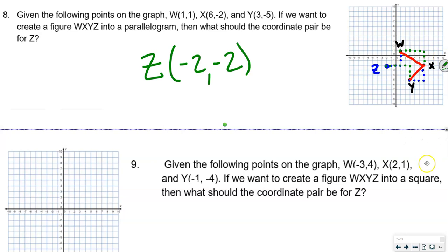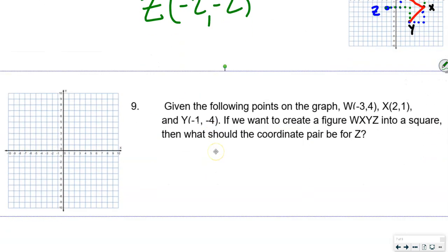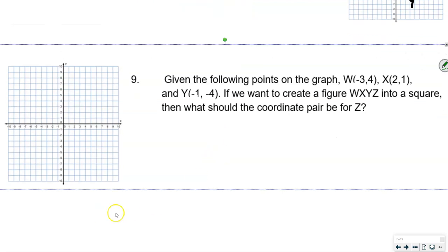So once again, plot your points with number 9, W, X, Y, and then we'll see if you guys can find Z, okay? So here we go again, W to X and X to Y, okay? So once again, I'm either going to use X to Y or X to W. So let's go ahead and do X to W first this time. So to go from X to W, I'm going up 1, 2, 3, and 1, 2, 3, 4, 5.